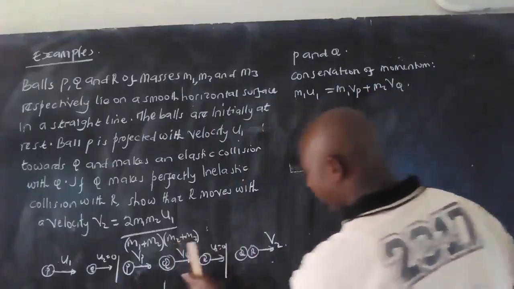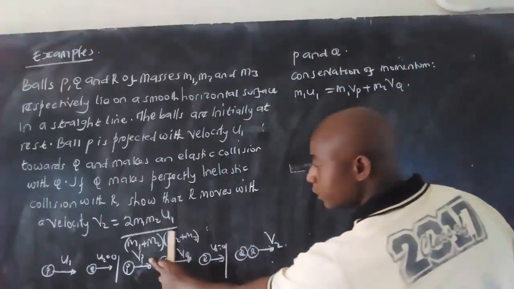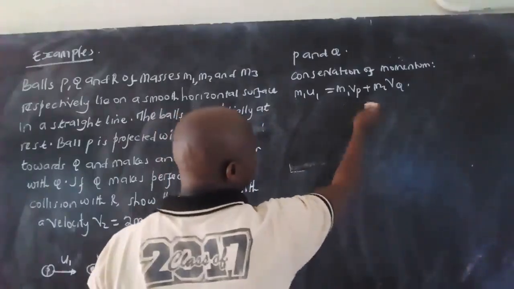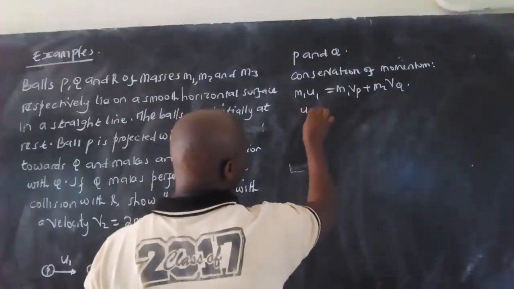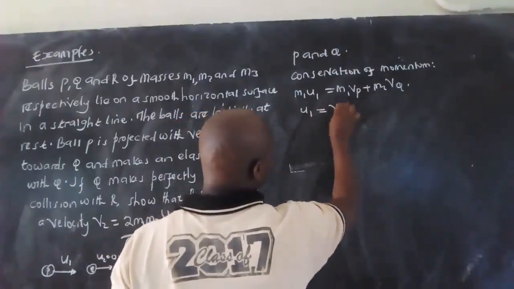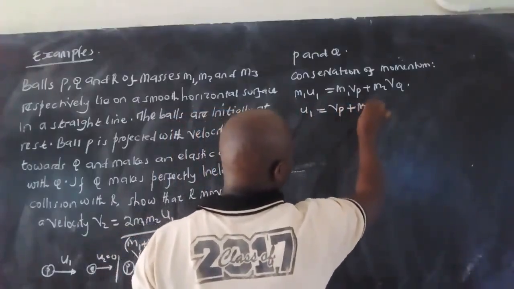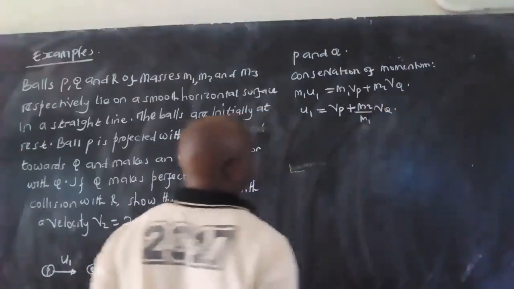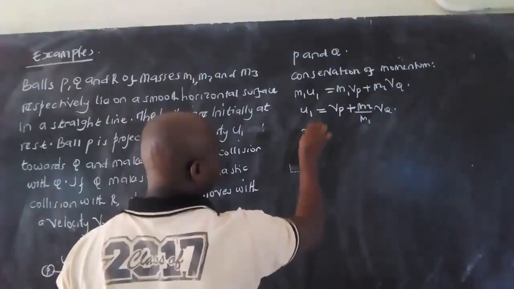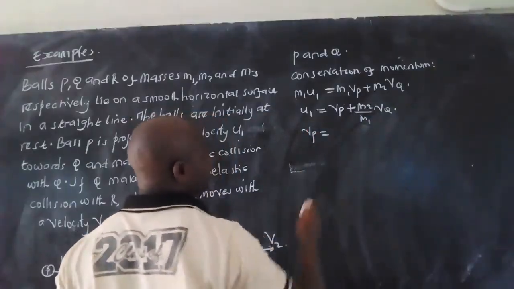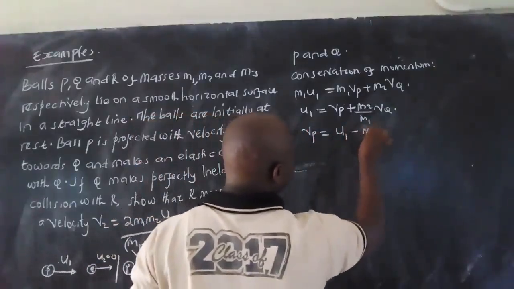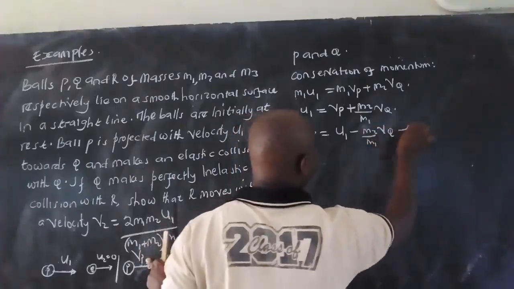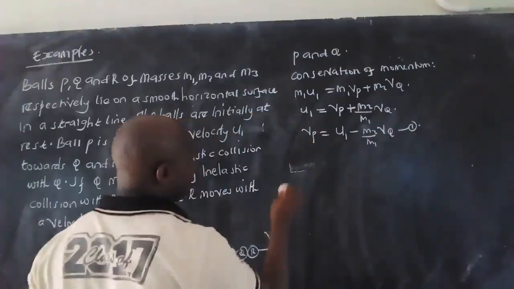Since it is Q colliding with R, we first eliminate the velocity of P. So divide by M1: U1 is equal to Vp plus M2 over M1 Vq. We make Vp the subject, so Vp becomes U1 minus M2 over M1 Vq. Equation 1.